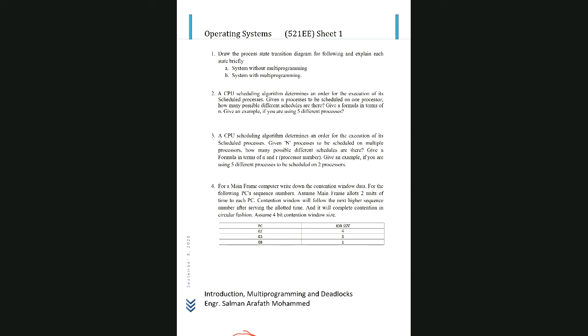Assume 4-bit contention window. So you have to understand two more things. First is the 4-bit contention window, and he's saying that it is in circular fashion. What do you mean by 4-bit contention window? 4-bit means you have a 4-bit contention window for giving numbers to the PCs. So in 4-bit, what is the smallest number? You make all zeros. This is the smallest number in binary, correct? This will be 0.